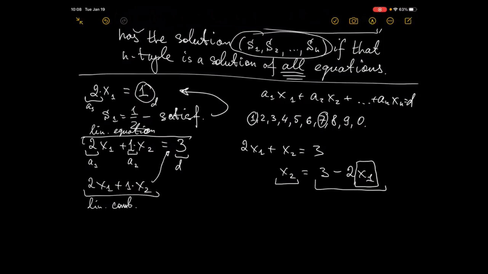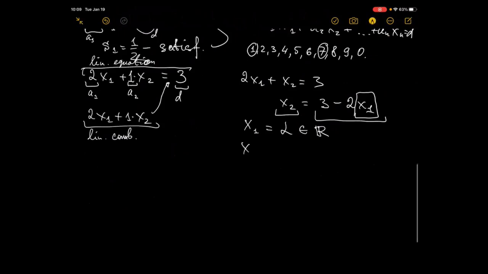In other words, I can write x1 equals some alpha, which belongs to the set of real numbers, and x2 as 3 minus 2 alpha. Then the corresponding tuple will give me a solution of this linear equation.